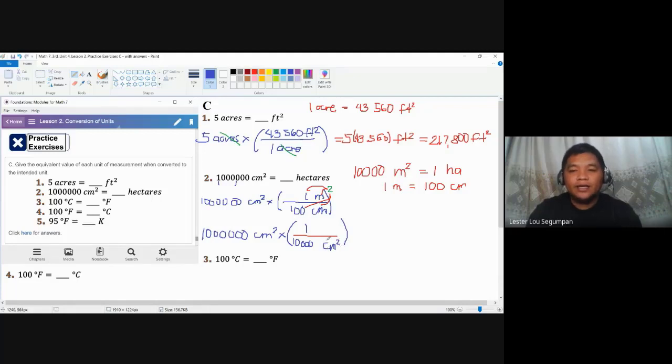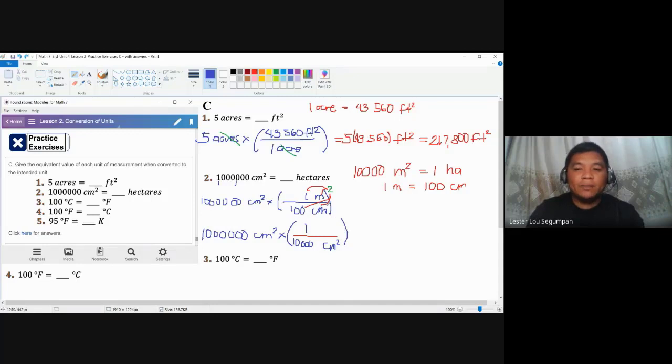Do not say c squared, m squared, sir, because if I still remember in our laws of exponents, we also need to share this to the variable c here. That's a good concept. But here, c and m are not separate variables. They are just one unit. So let's just have centimeter squared.